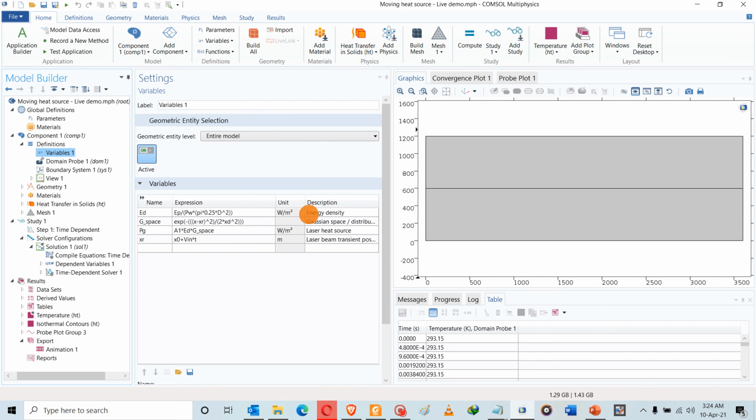First, we defined the energy density by taking the pulse energy and dividing it by the pulse width and the area of the laser spot. If it is a different laser, you won't have to insert the pulse width.